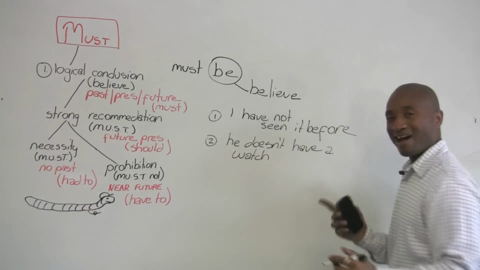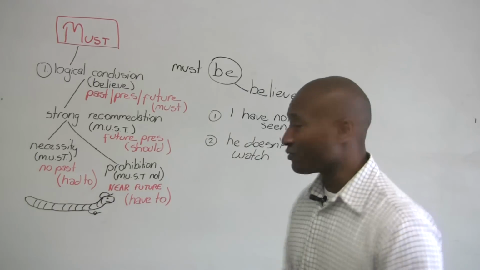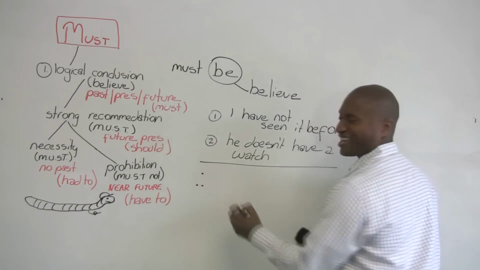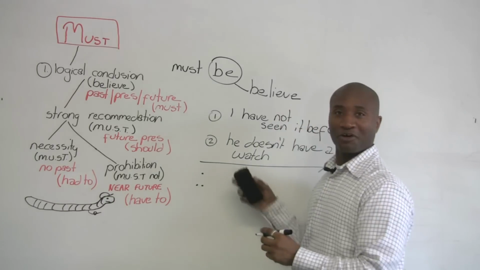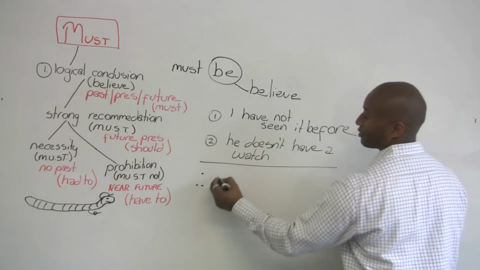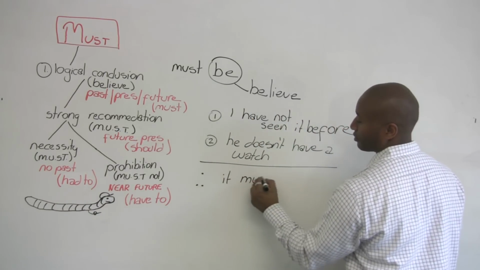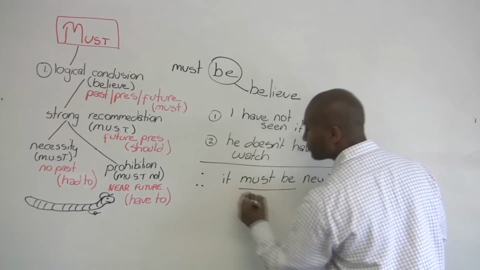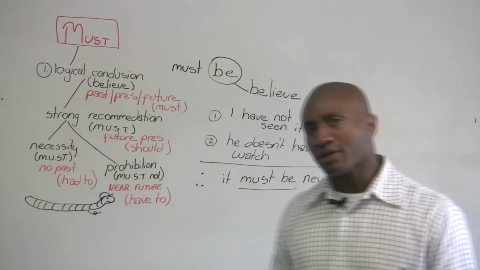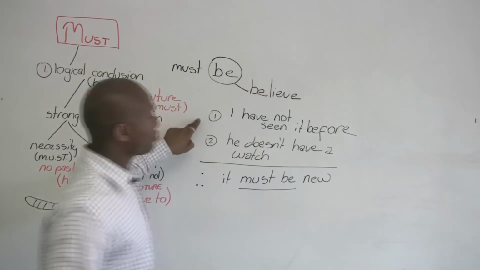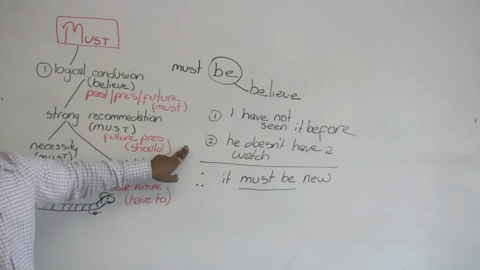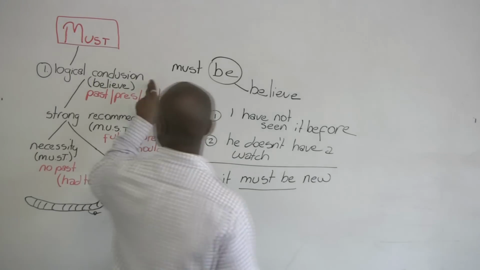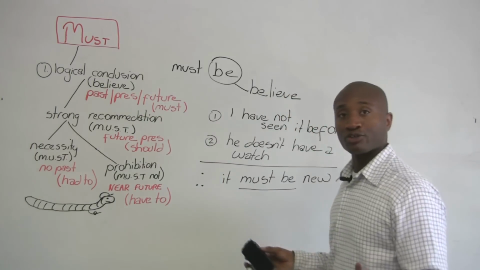So if I know he doesn't have a watch, and I have not seen this watch before, I would say, therefore, that's very fancy English for therefore. Okay? It must be new. So what I'm saying here is, fact 1, I've never seen it before. Fact 2, he doesn't own a watch. So, conclusion, or logical conclusion, it must be a new watch.